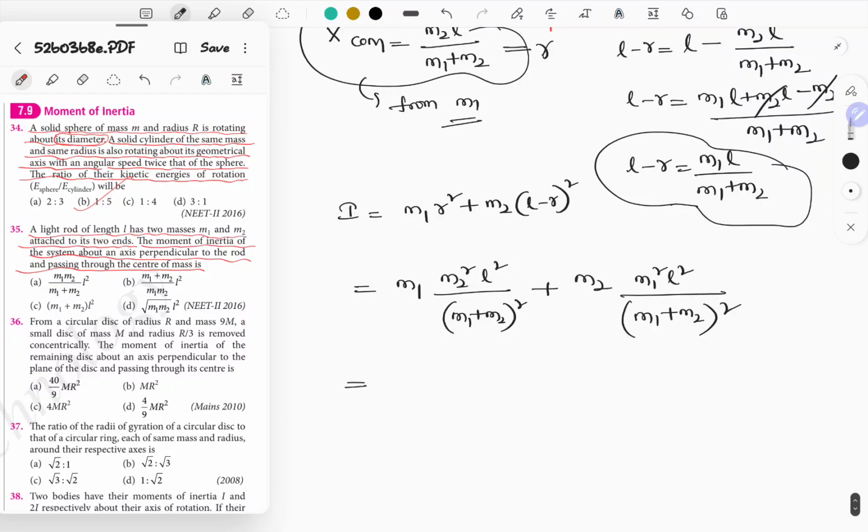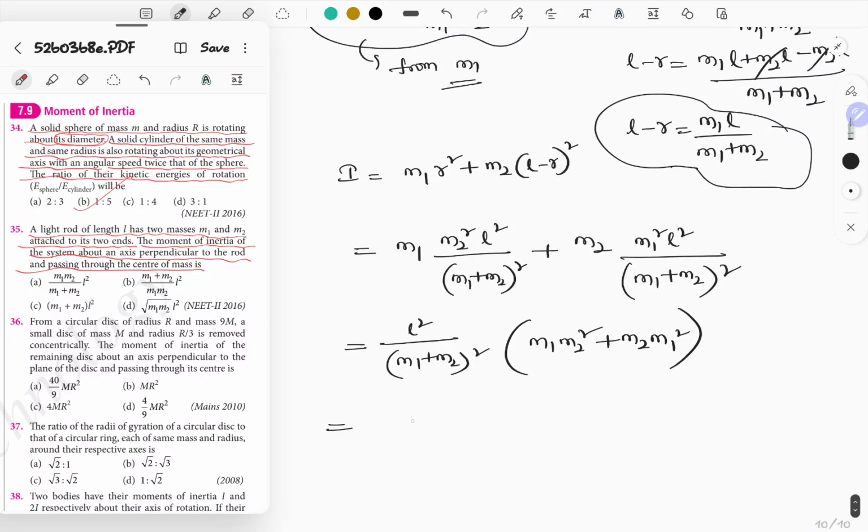Let me look at the options, which are given in a different format. Here L square by (M1 plus M2) whole square is common, right? Taking that out, we have L square by (M1 plus M2) whole square into (M1 M2 square plus M2 M1 square). Again M1 M2 can be taken out, so we get M1 M2 into (M2 plus M1), and M2 plus M1 cancels out with one factor of M1 plus M2.